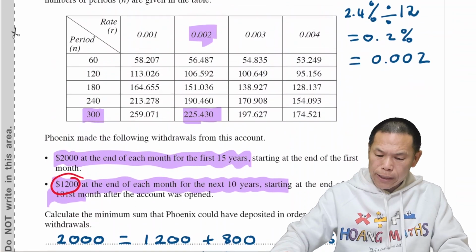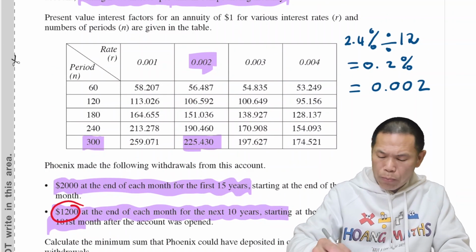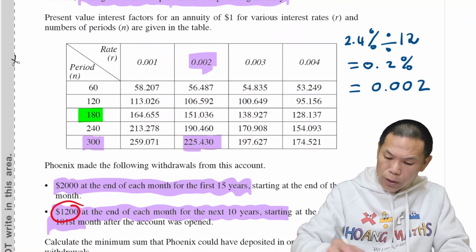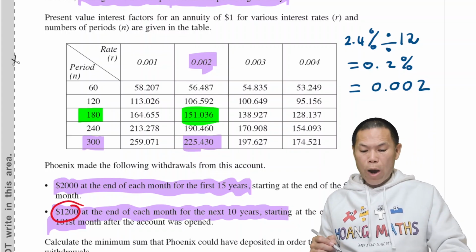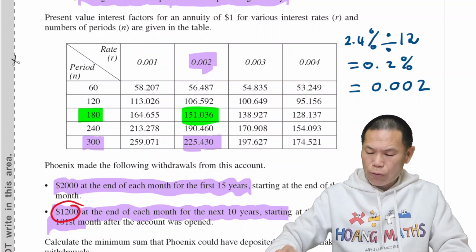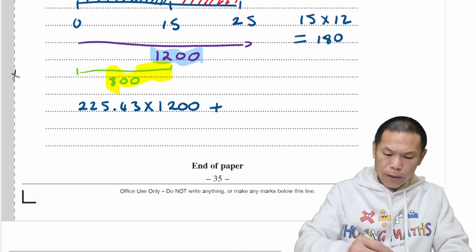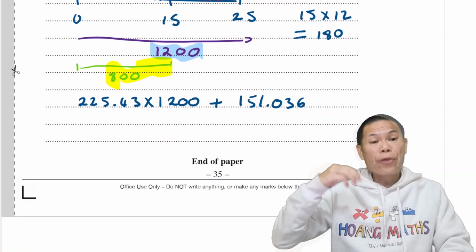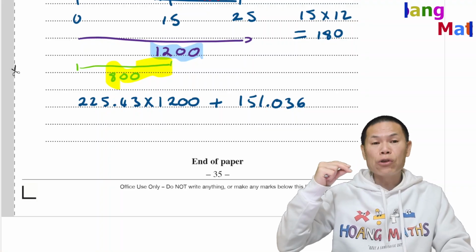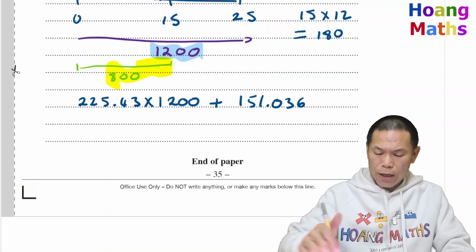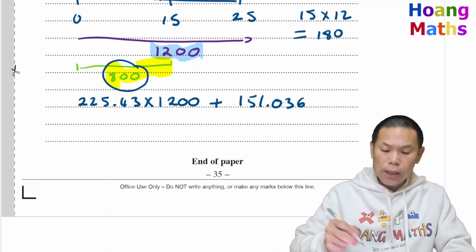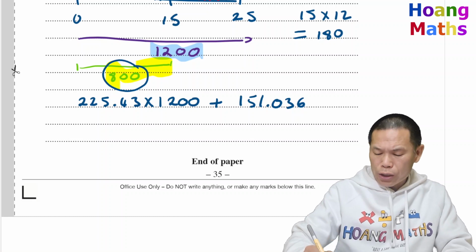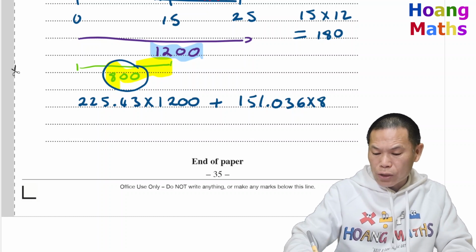So 180 with the rate of 0.02, that will be here, 151.036. That is the present value for an annuity of $1, but the annuity is $800, so times 800.